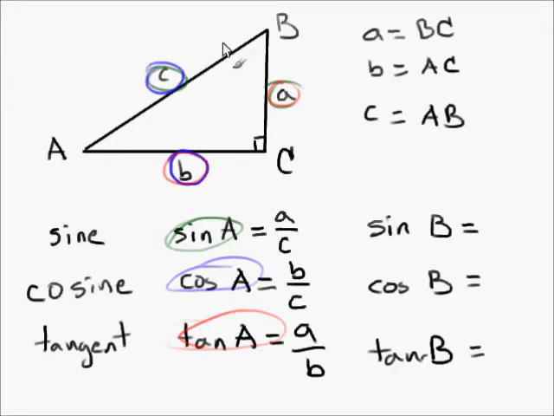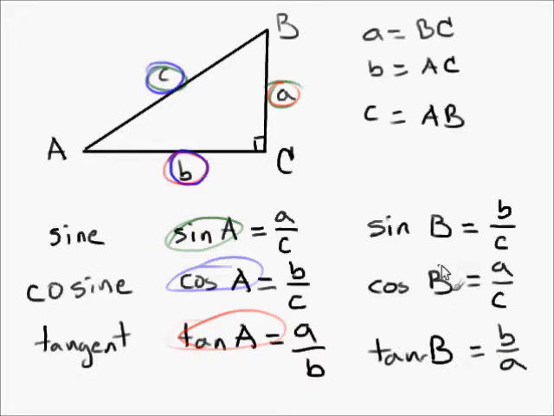So what side is opposite angle B? Little b. Hypotenuse is still c. Which is the adjacent? Now it's a. And the tangent is opposite over adjacent, so that's b over a.